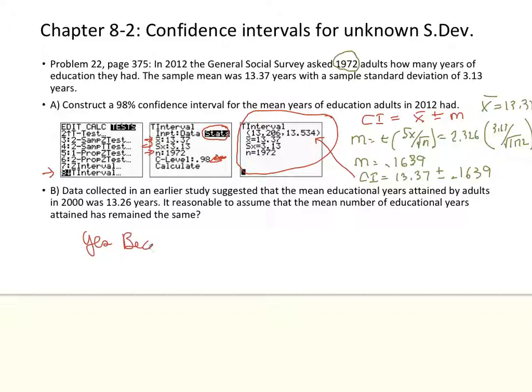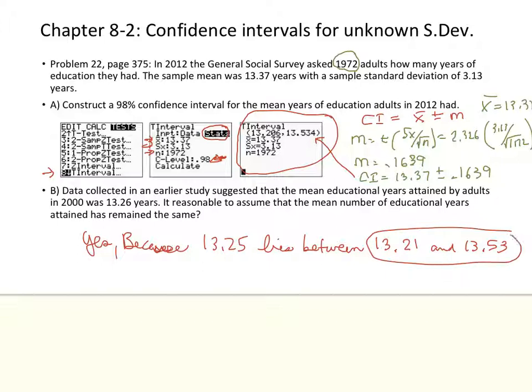because 13.26 lies between the lower bound and upper bound of the confidence interval, which is 13.21 and 13.53.